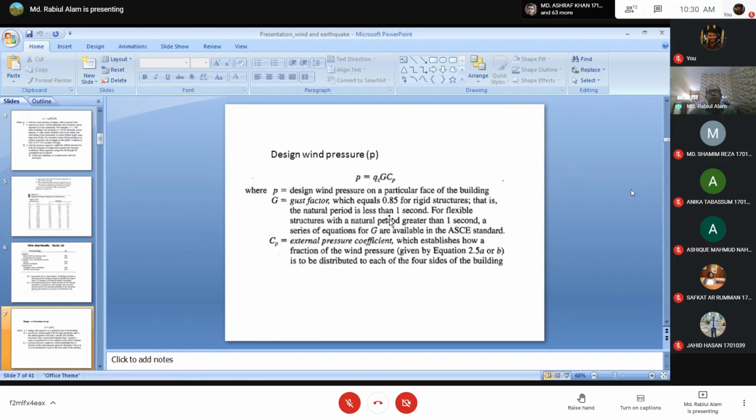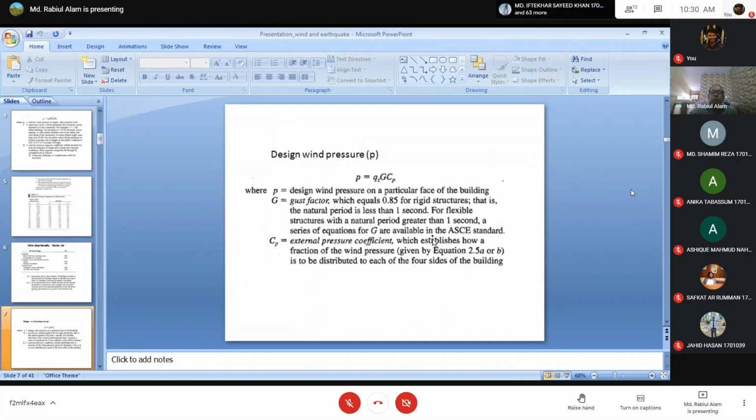If it's greater than one, then you have to reconsider your gust factors. Okay, and here it is mentioned that for flexible structures with a natural period greater than 1 second, a series of equations for G are available as follows.